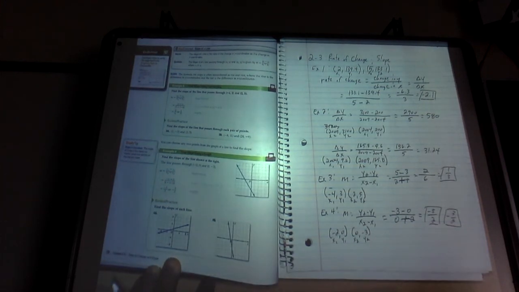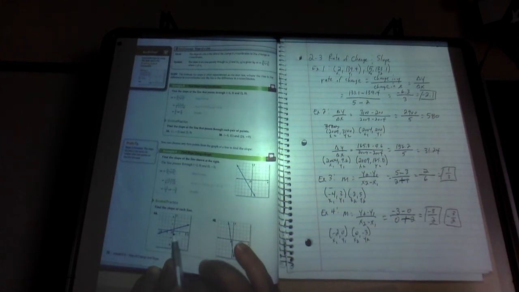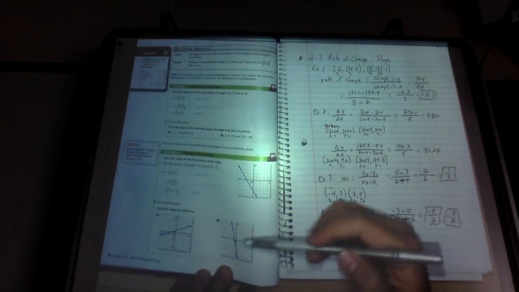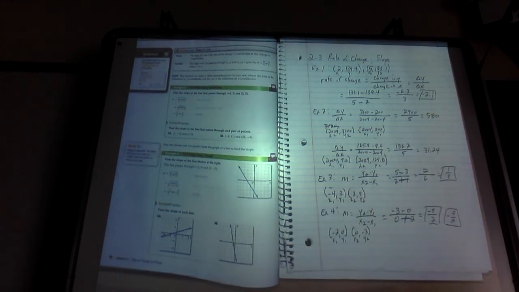Now, if I'm doing rise over run, you can try to pick points that intersect the grid. You just have to be careful as to what they're counting by. Notice in this one, they're counting by 2s. So make sure you pay attention to the unit measures. 4B would be negative slope. You can do rise over run, that's fine. Make sure you can pick 2 ordered pairs out from a graph and use the slope formula on that.